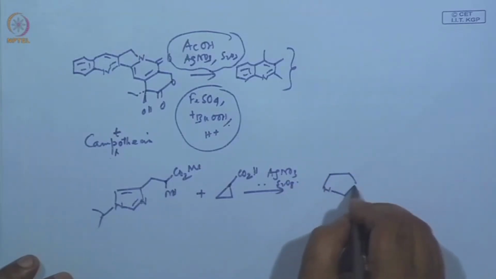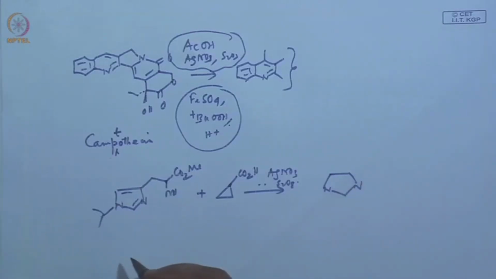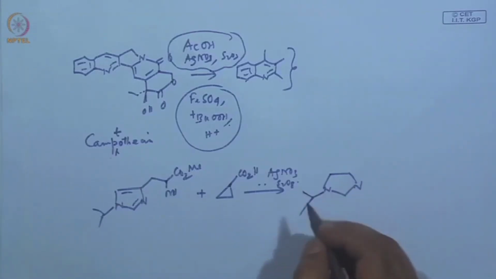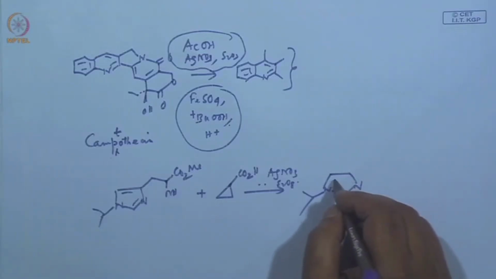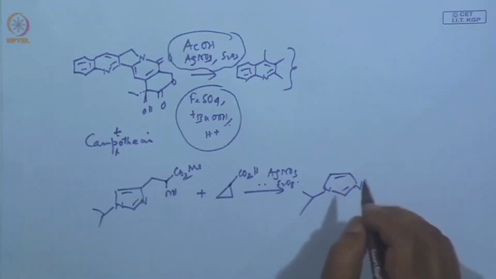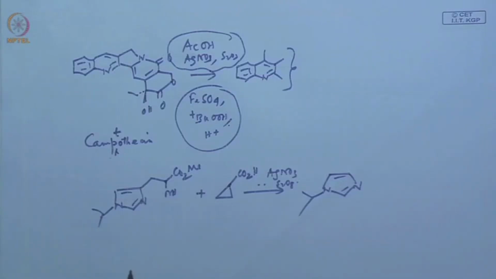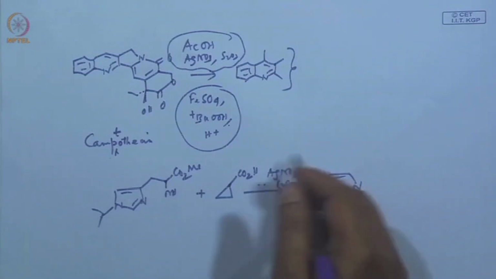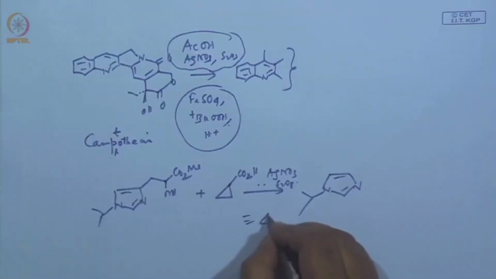You will get this imidazole, that is basically the histidine moiety, and then you have this, and what is this? Cyclopropane carboxylic acid. So this set of silver nitrate, persulfate, etcetera would be equivalent to a cyclopropyl radical.